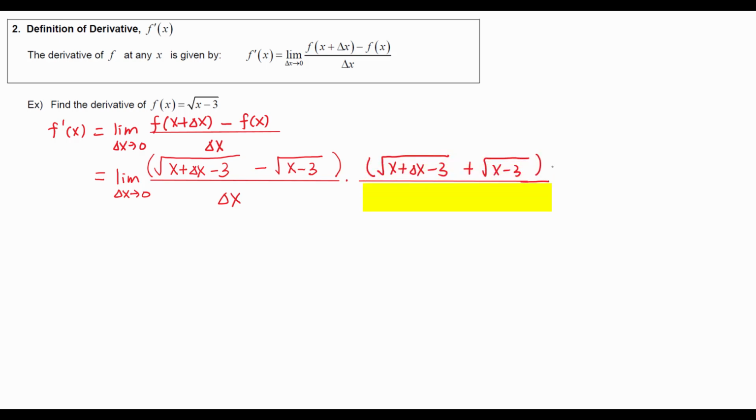And I would have the same expression in the denominator so that this fraction has a value of 1, which is equal to the limit as delta x approaches 0.